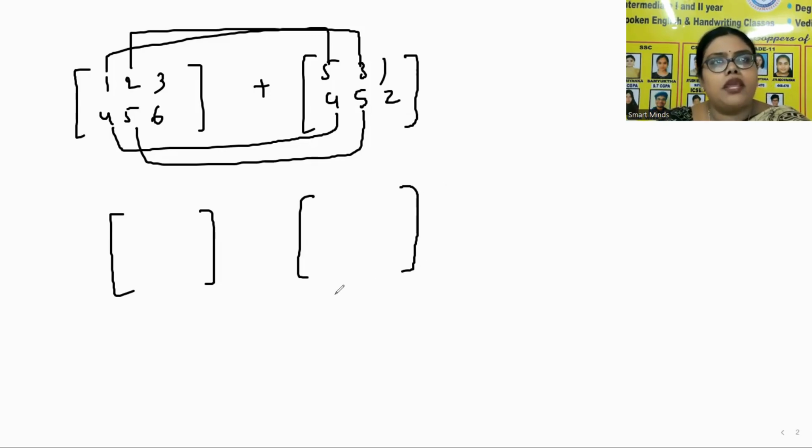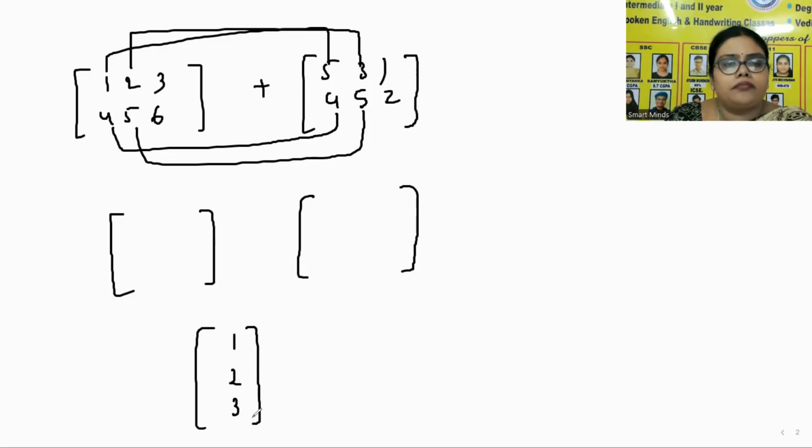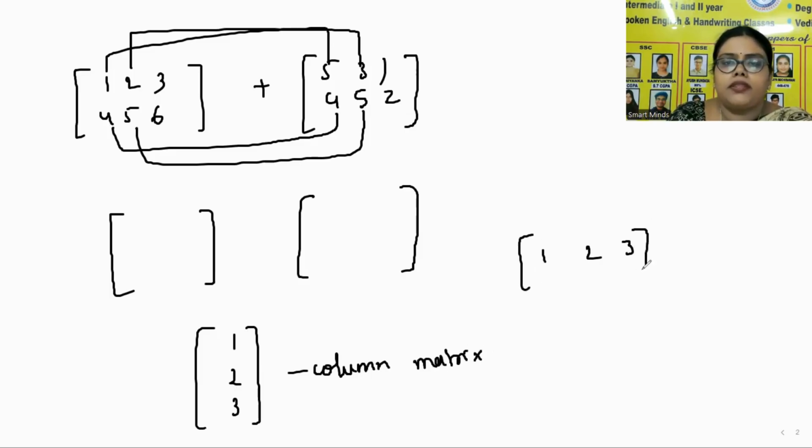Then only you can multiply two matrices. Suppose if you have only one column, you call it a column matrix. Suppose if you have only one row, this is called a row matrix.